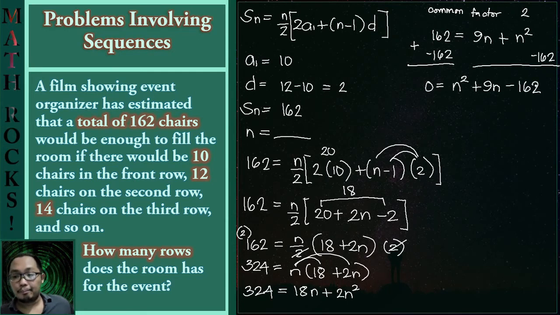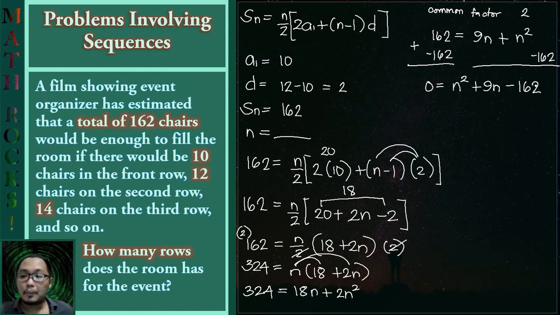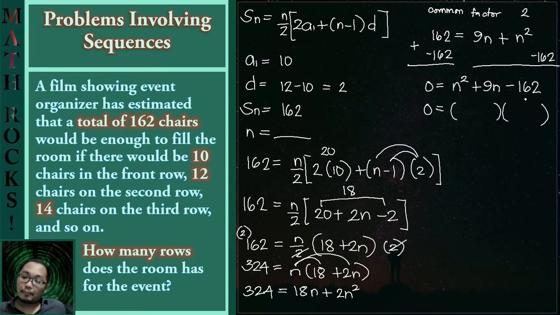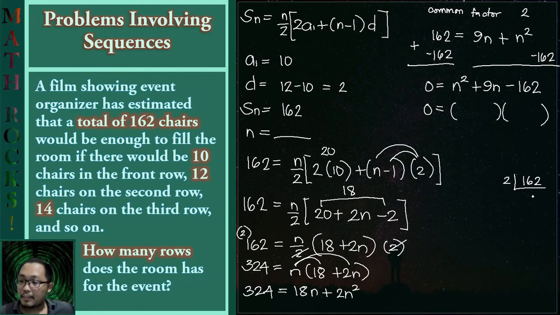Since you have already learned in grade 9 how to solve quadratic equations like this, now let us solve such quadratic equation. We can easily have this be solved using factoring. So let us start with prime factorization of 162, just to start with the computation process. So here we can have this be divided by 2, and this gives us 81.